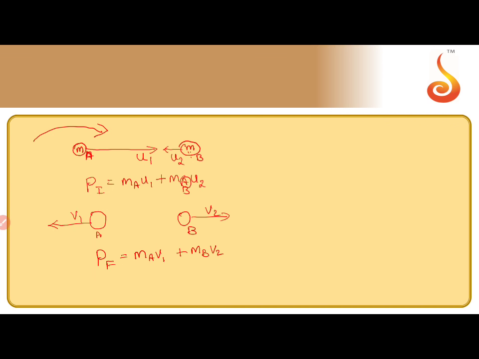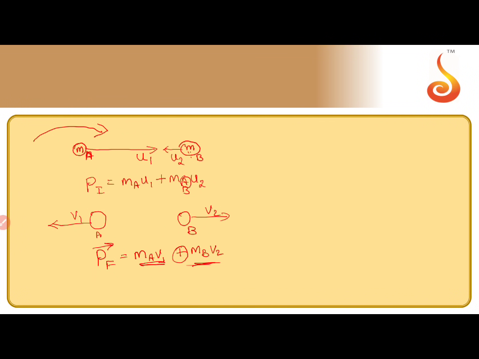So you understand that momentum is a vector quantity. You need to add them vectorially. If you remember, we had the triangle law and parallelogram law of vectors. You need to use one of those two laws to add them. Don't blindly add whatever value is here, whatever value is here.